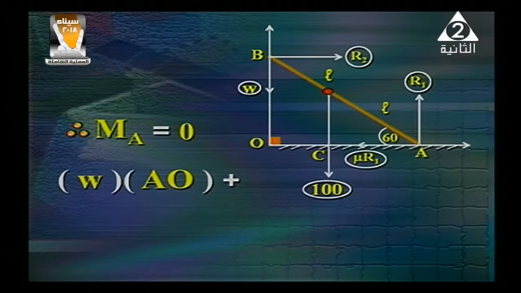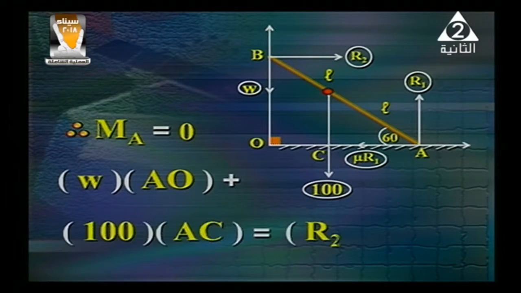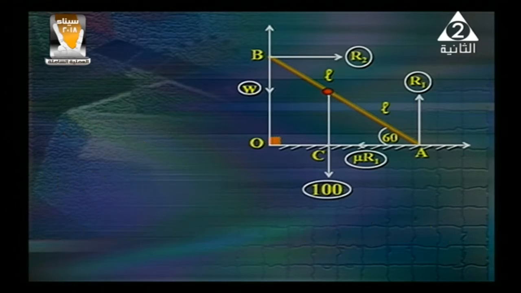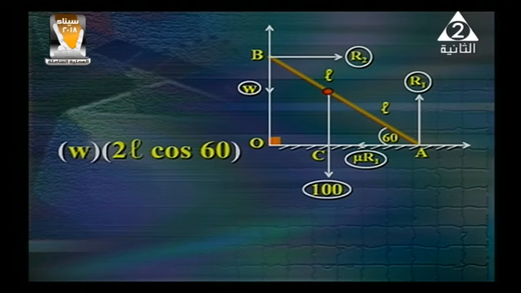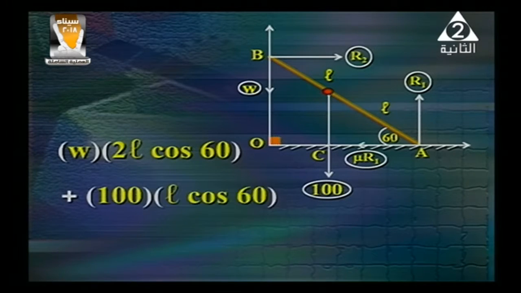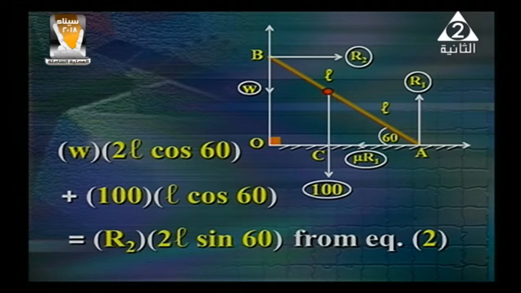W times AO plus 100 times distance AC equals R2 times OB. By substitution, W times 2L cosine 60 plus 100 times L cosine 60 equals R2 times 2L sine 60.